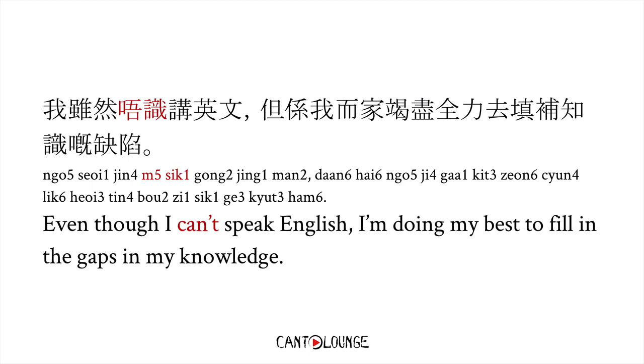So I, even though I do not know how to speak English, right? So 識講 already includes know how to, right? So the how to does not need to be translated. 但係, but I now do my best to fill in knowledge gaps, right? So you can read the English translation. That makes a little bit more sense.